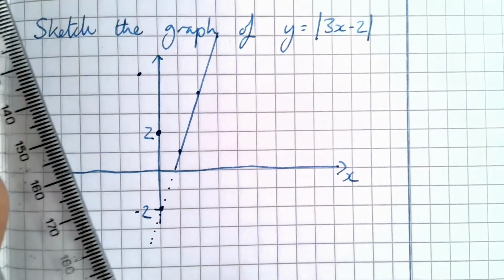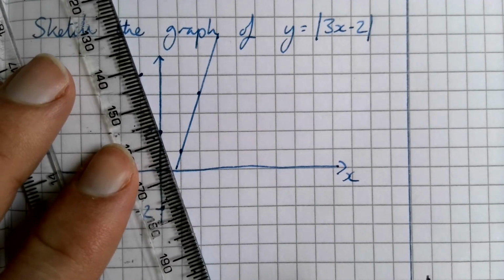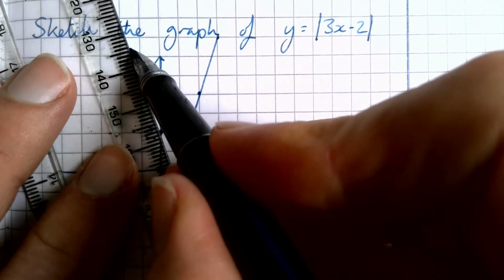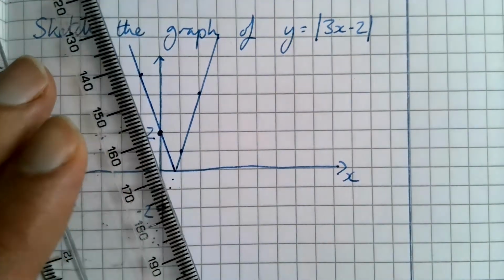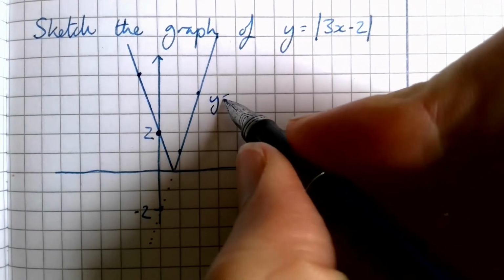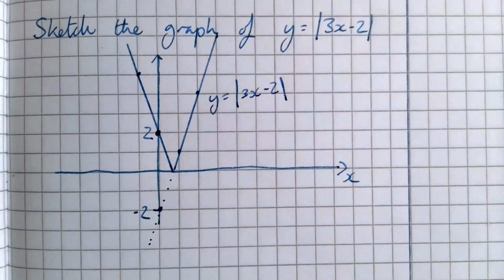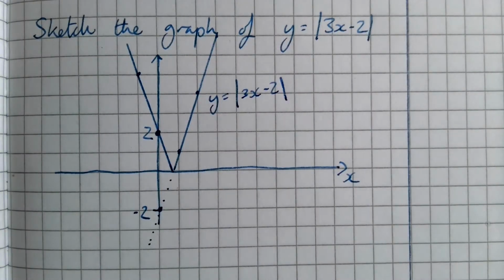So if I put a little dot there, I can then carefully just draw straight through like that. So that is the graph of y equals the modulus of 3x minus 2.